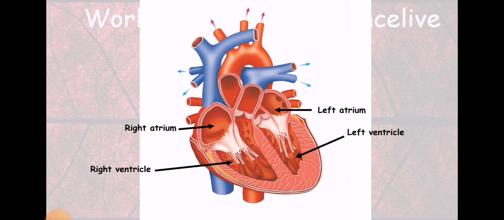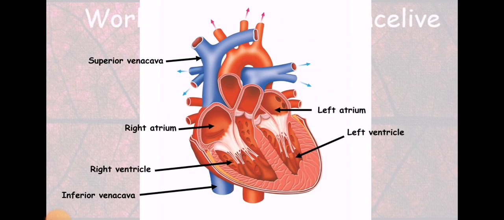You can see in between the right atrium and right ventricle, there is the tricuspid valve. In between the left atrium and left ventricle, there is the bicuspid valve. There are 2 blue colored blood vessels joining the right atrium. We call them superior vena cava and inferior vena cava. Vena cava means veins.